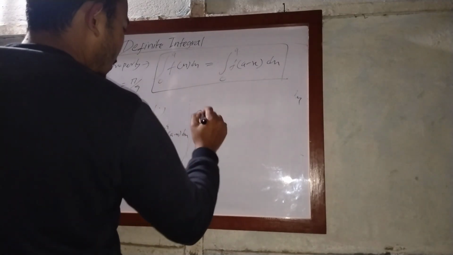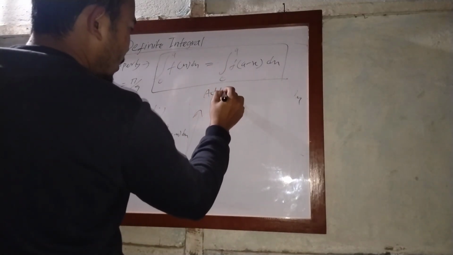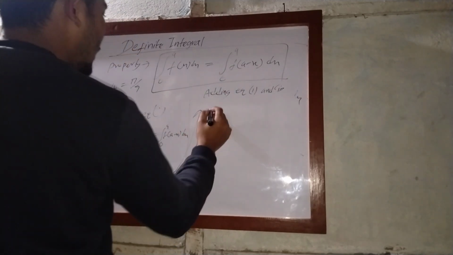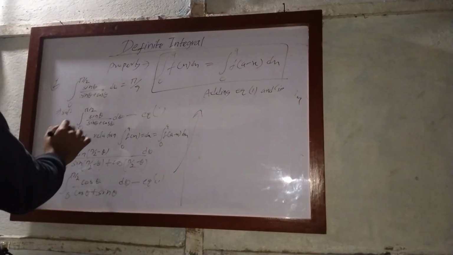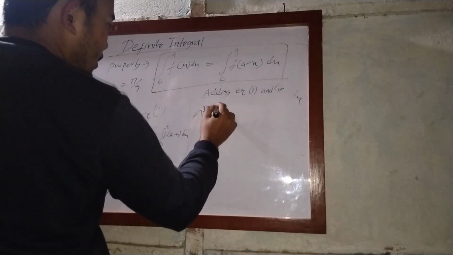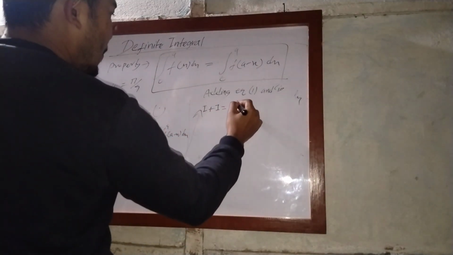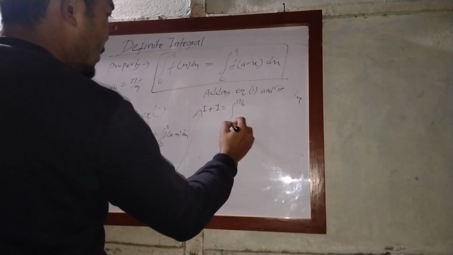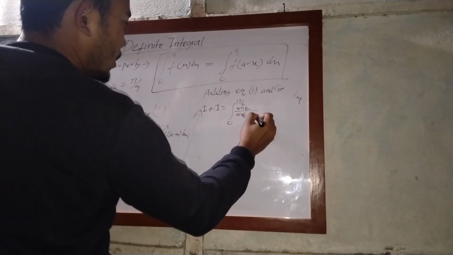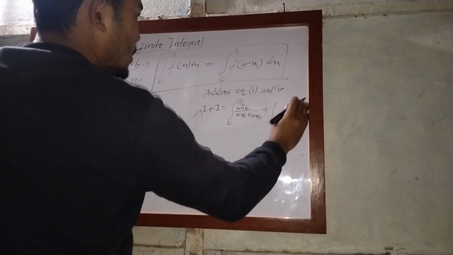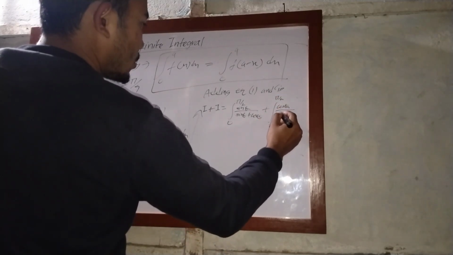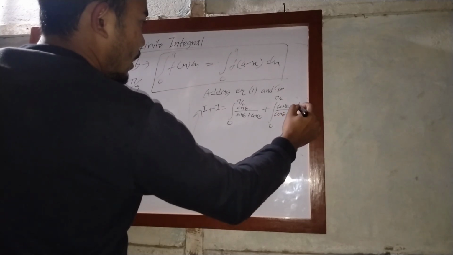Now adding equation I and II. This is I and this is also I. Now we add: I plus I is equal to the integral from 0 to pi by 2 of sine theta by sine theta plus cos theta plus the integral from 0 to pi by 2 of cos theta by cos theta plus sine theta, d theta.